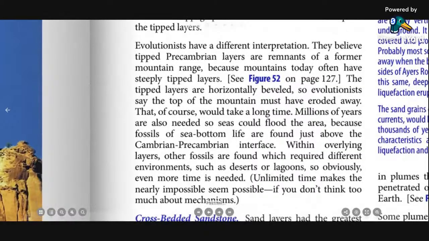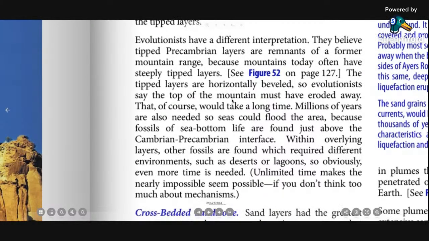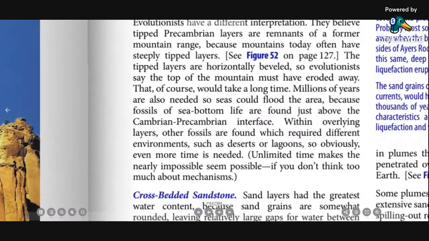They believe tipped Precambrian rocks are remnants of a former mountain range because mountains today often have steeply tipped layers. The tipped layers are horizontally beveled, so evolutionists say the top of the mountain must have eroded away. That would, of course, take a long time.